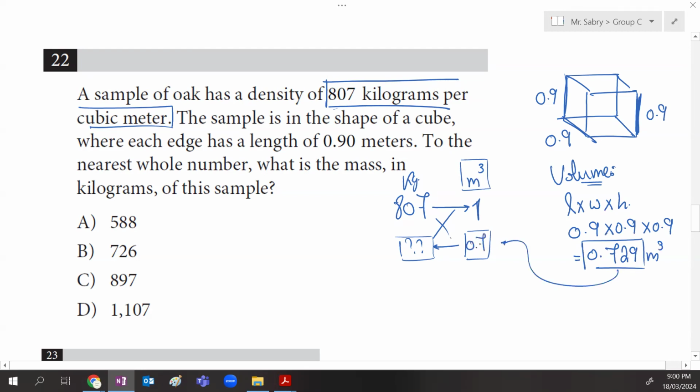I can put here 0.729 and cross multiply: 0.729 multiplied by 807 divided by 1 to get the actual kilograms. That's 588.3, and because you asked for the nearest whole number, it would become 588. Does that make sense? Perfect.